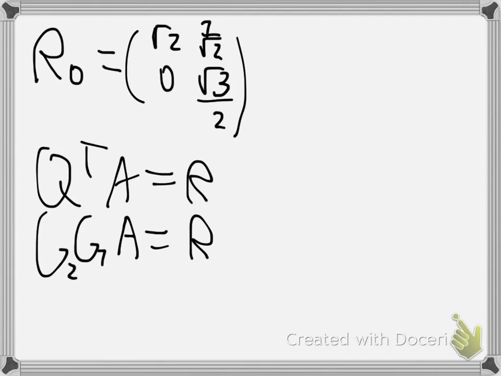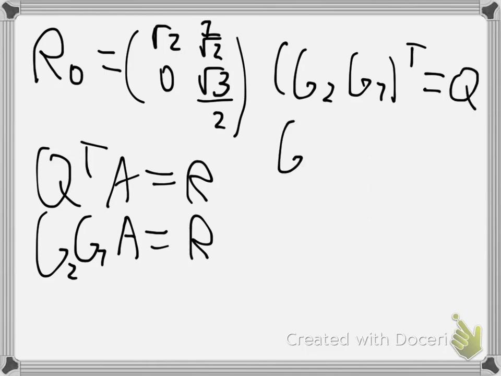So J2, J1 transpose is equal to Q, so J1 transpose, J2 transpose is equal to Q. Okay? But I think we don't really need to do the transpose because our D will be defined by Q transpose C.